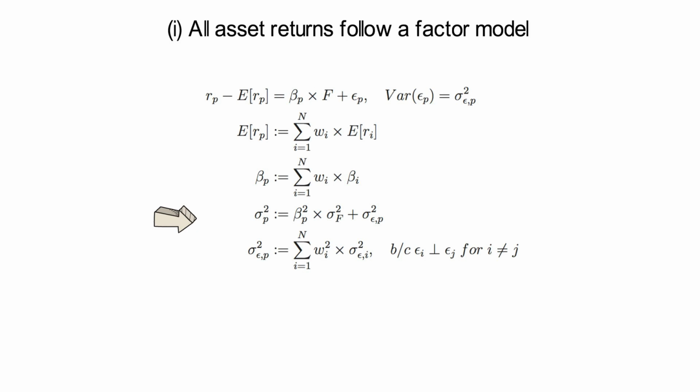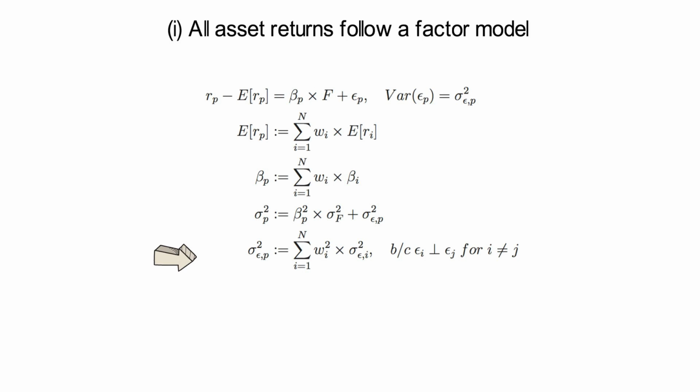One is beta square P times the variance of the factor return plus sigma square epsilon P. And sigma square epsilon P is the linear combination of asset-specific risk, sigma square epsilon i, weighted by Wi squared, where again Wi is the relative weight that asset i has in the portfolio. Now this last equation holds because epsilon i is orthogonal to epsilon j.